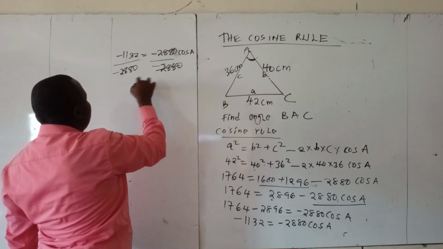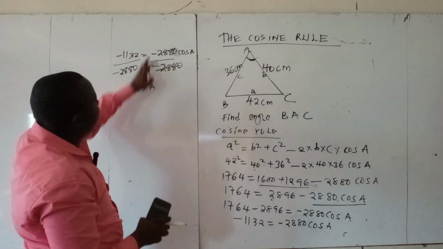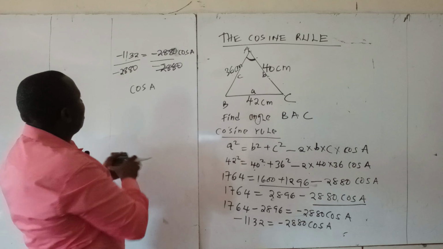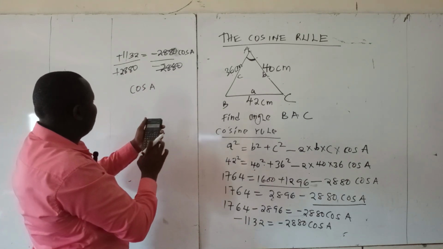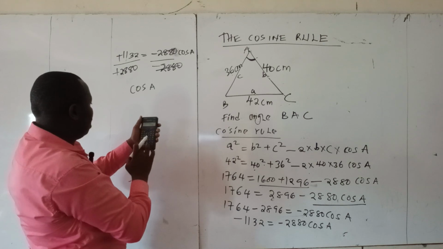You cancel like this, so you get cos A. Negative and negative becomes positive. So you take 1132 divided by 2880.